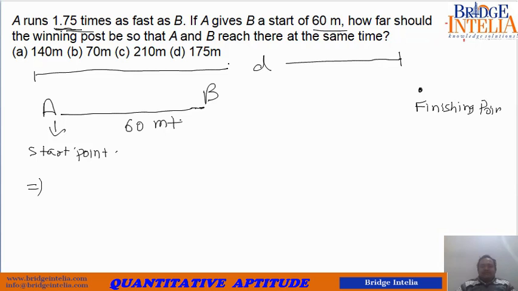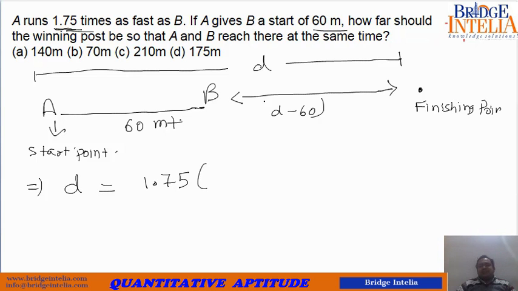So since A has to run from start to end, what is the distance covered by A? The total length of the track. So D must be 1.75 times the distance covered by B. So what is the distance covered by B? This is D minus 60 because he was standing 60 meters ahead.